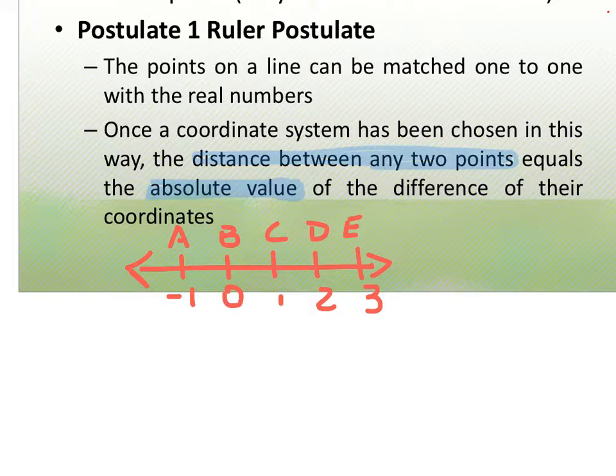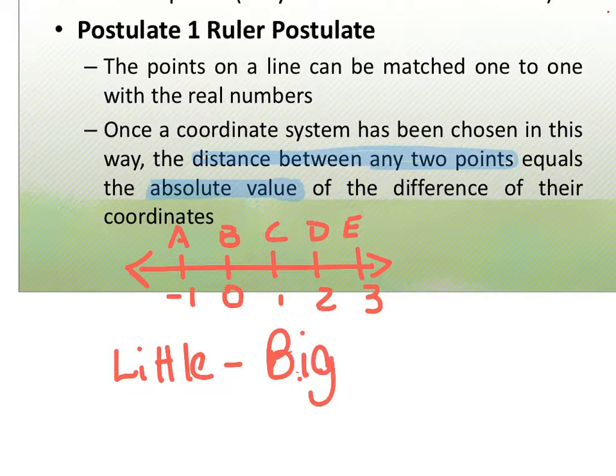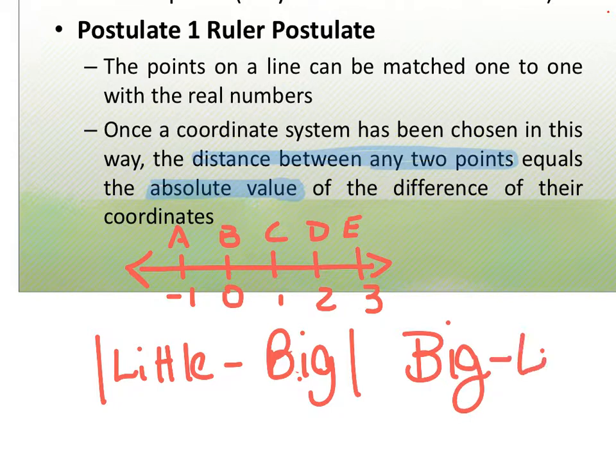So technically, if you do little minus big, and find the absolute value of the answer, it's going to be the same answer as if you did big minus little.